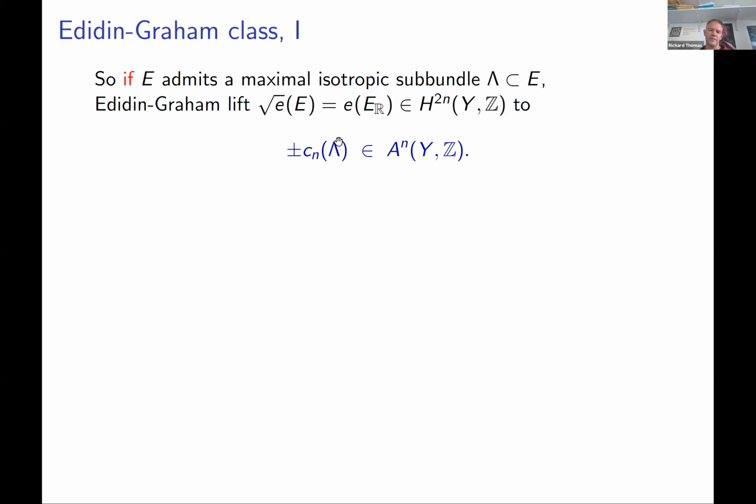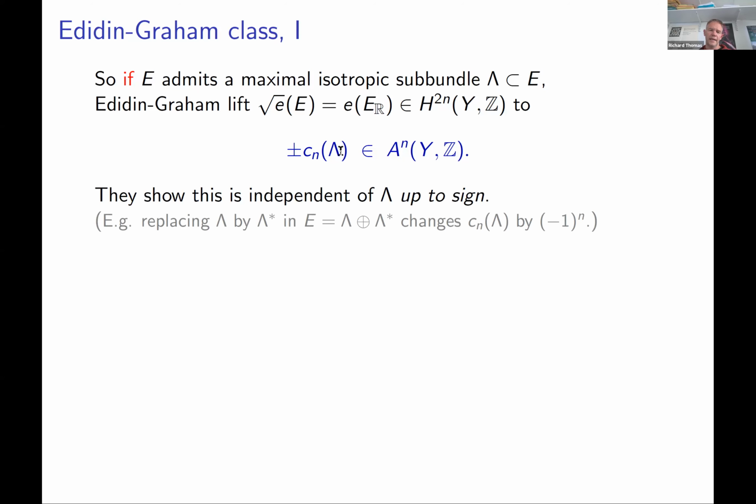It's the Euler class of the maximal isotropic. And Edidin-Graham show this works up to this choice of sign. They show that it's independent of choice and so forth, and that it behaves nicely.